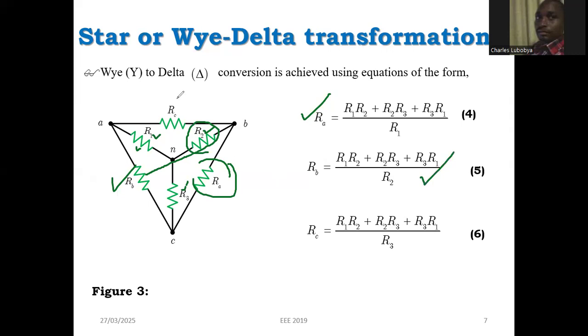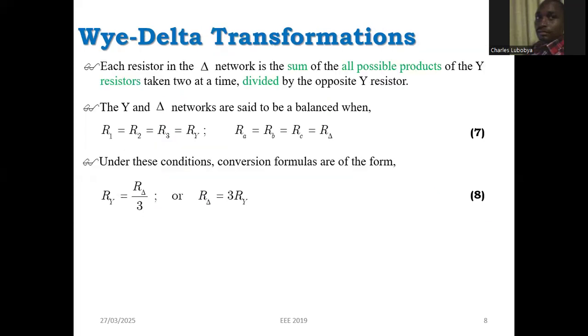Finally, to calculate RC, which is that one, again, it is R1 multiplied by R2 plus R2 multiplied by R3, you go around, plus R3 multiplied by R1, divided by the resistor opposite to RC, which in this case is R3, and then you arrive at equation 6.